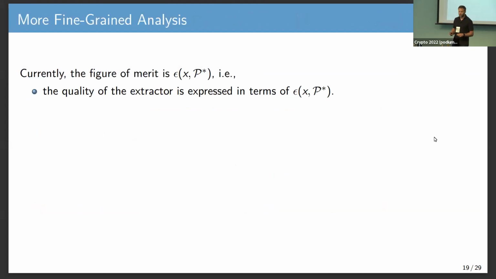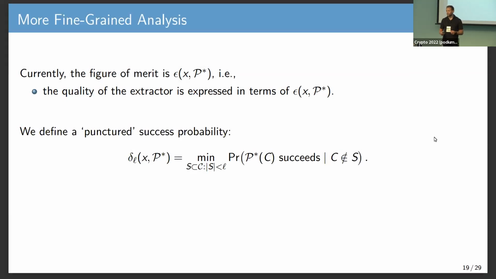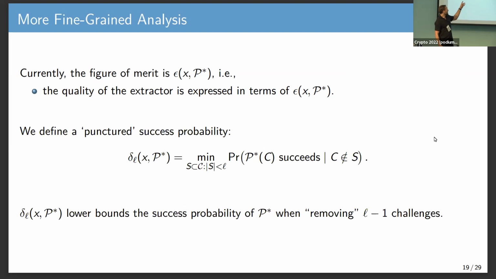So to go into a little bit more detail, we start with this epsilon, and now we're going to move over to this new figure of merit delta, which is defined as follows. What you can see here is that delta L of P star is this minimum success probability over sampling the challenges C uniformly at random, but outside of this subset S of size at most L minus 1.